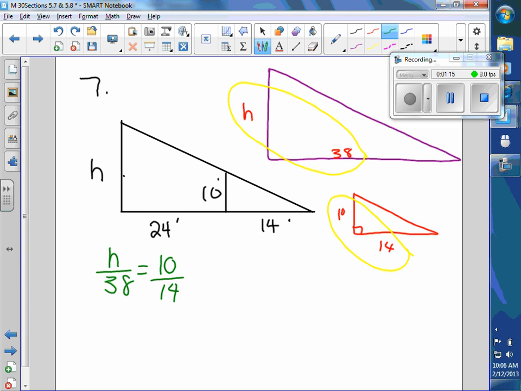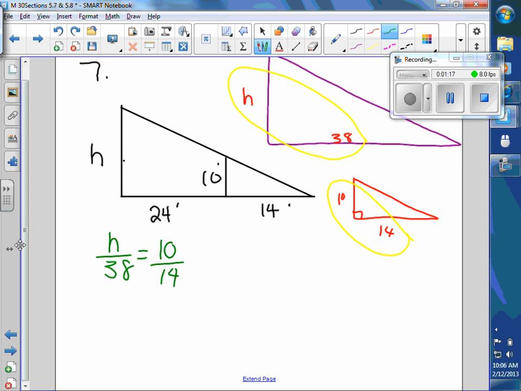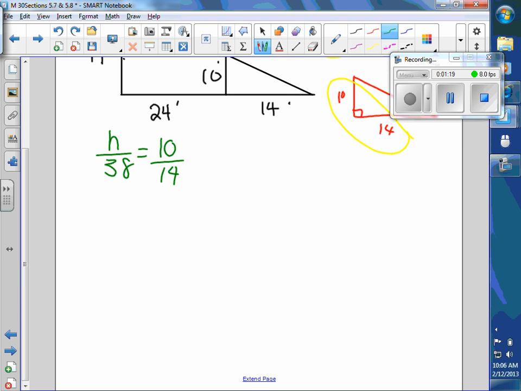Okay, so from now on, no matter how I write a ratio down, you should know by now there's 3 other ways to write it, right? So chances are I'm not going to always set it up the way you set it up, but you have to start getting comfortable with the fact that there's 3 ways to write it.